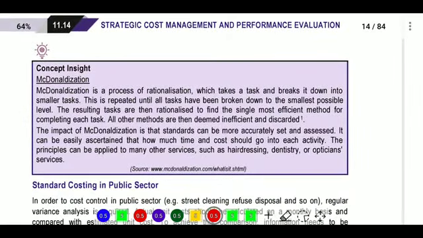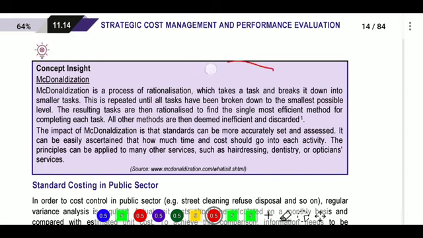McDonaldization here means breaking the task into the smallest possible units and rationalizing them to find the single most efficient method. For completing each task we will break all tasks down, and for each task we will find the single most effective method of completing it.